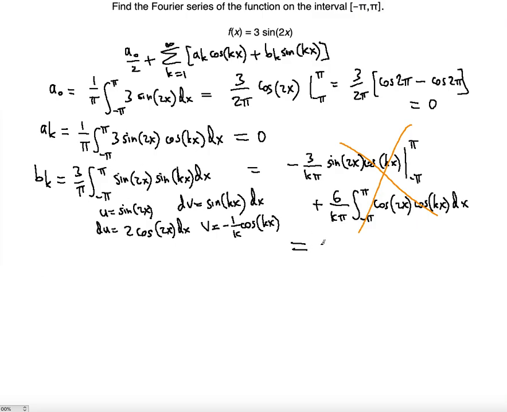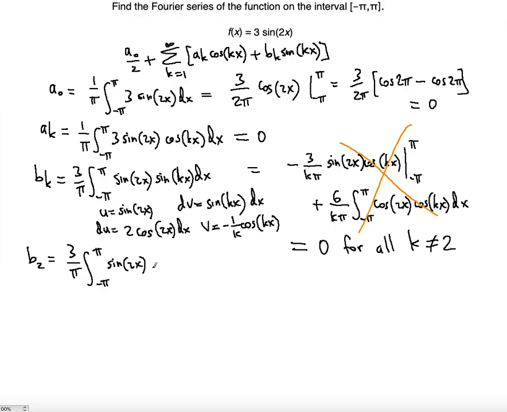However, let's be specific. It will be equal to 0 for all k not equal to 2. And why am I saying not equal to? Take a look at this. b of 2 is going to be 3 over pi, integral of negative pi to pi, sine 2x multiplied by sine kx.